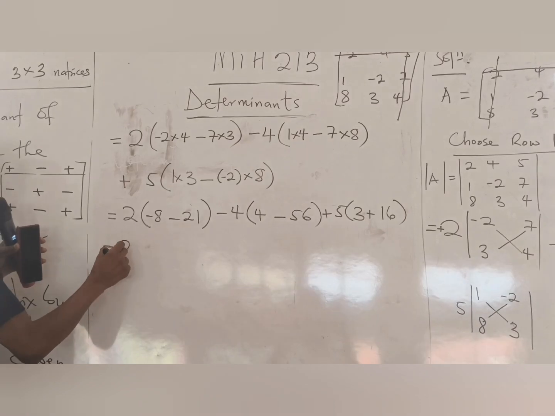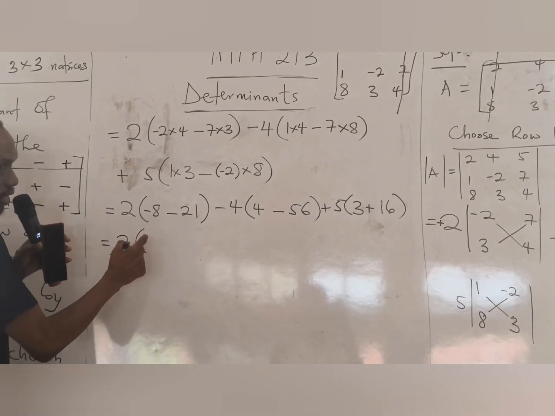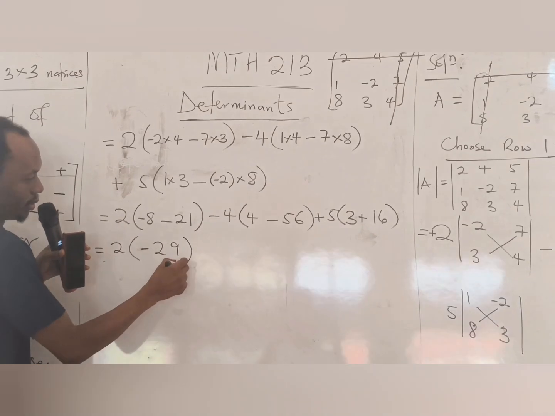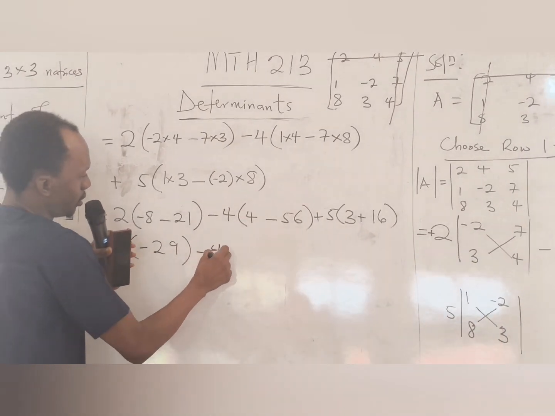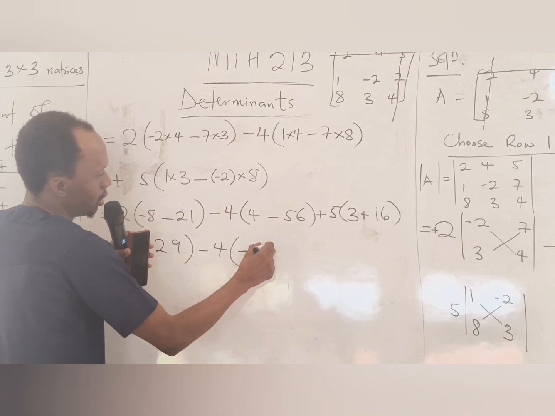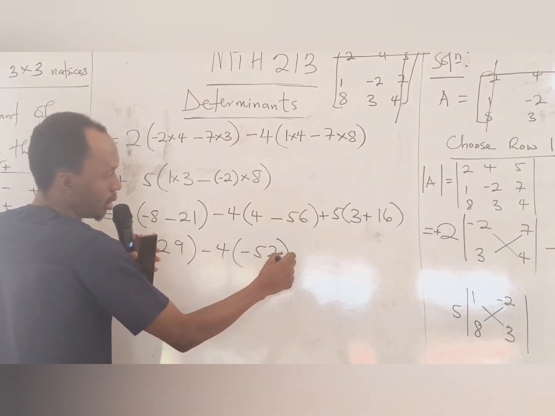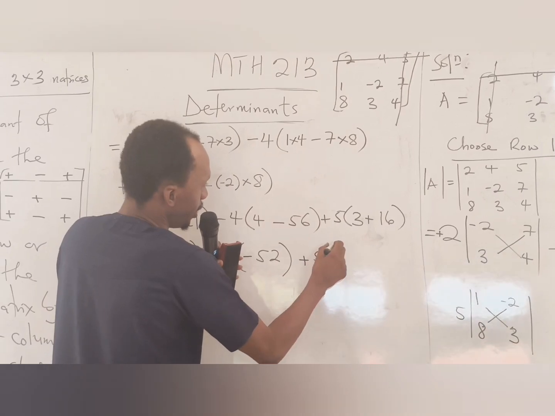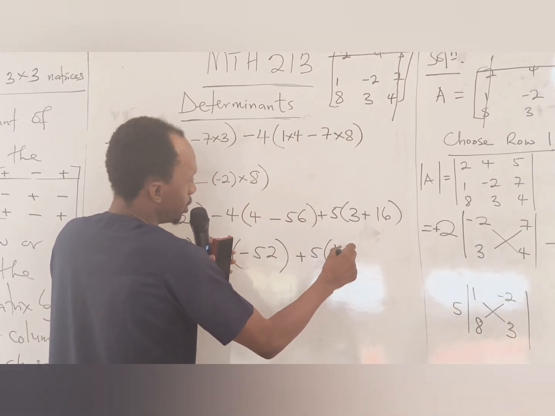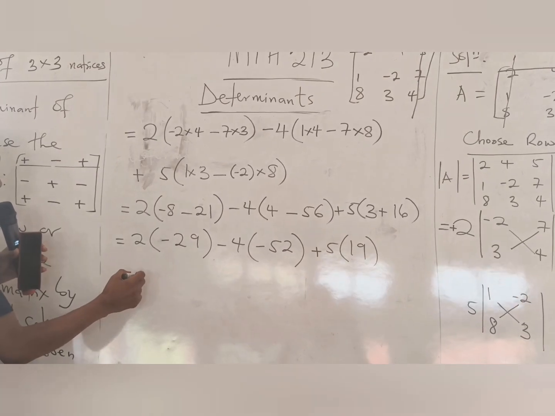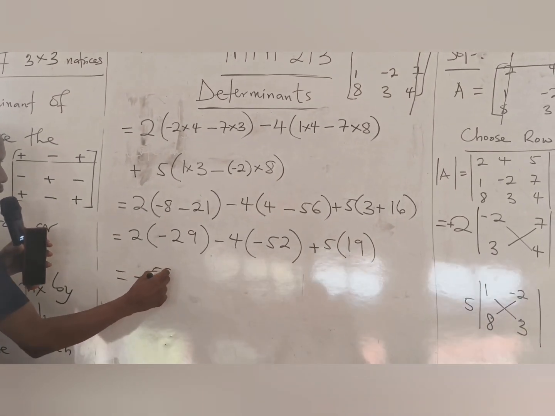So 2 into bracket. Let's do the simplification further. What do we get here? Is it negative 29? Okay. Here, what do we get? Negative 52. Okay. Watch. If I get the wrong answer, tell me. 5 into bracket, what do we get? 19. So do the multiplication for us. Here, what do we get? 58.